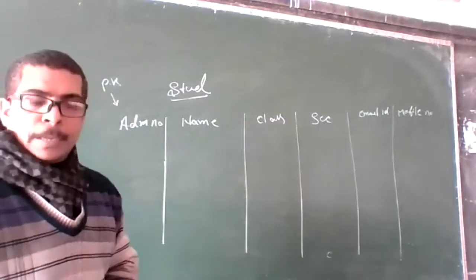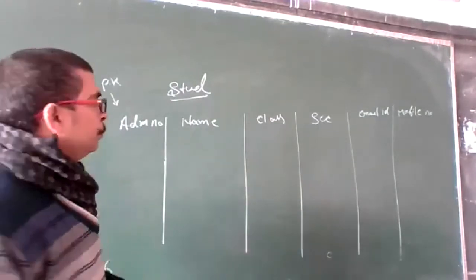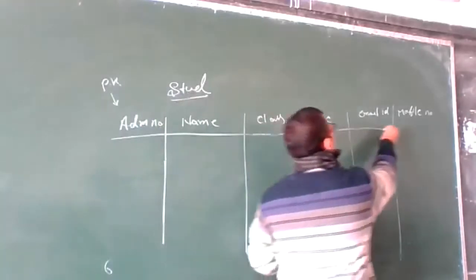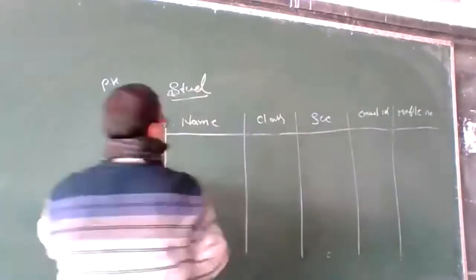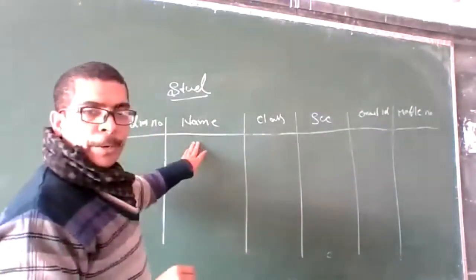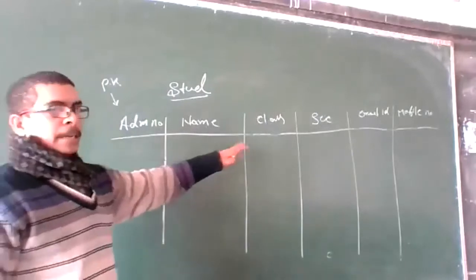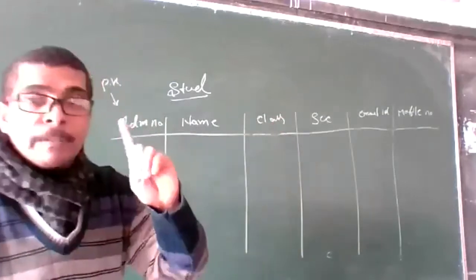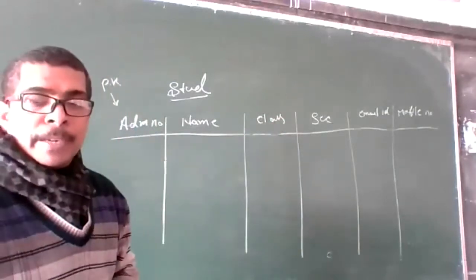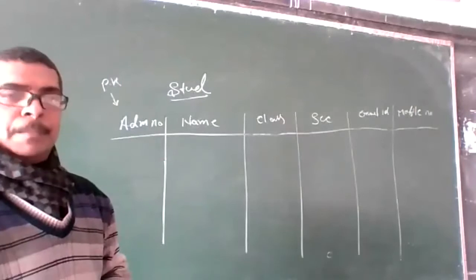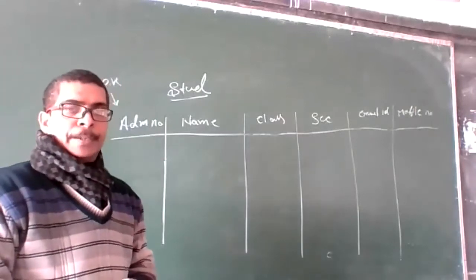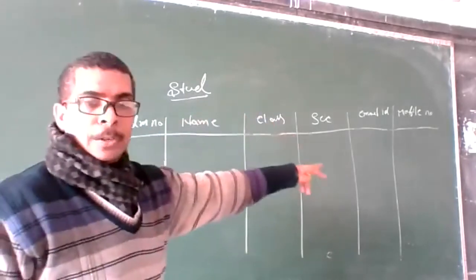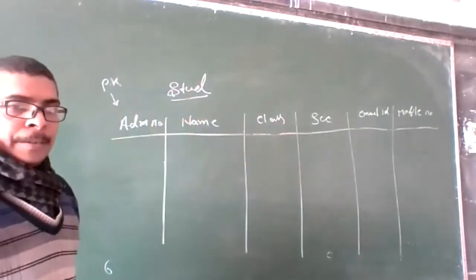Next we have the candidate key. Admission number is unique. Name is not unique. Class is not unique. Section is not unique. But email ID is always unique, and mobile number is also unique.